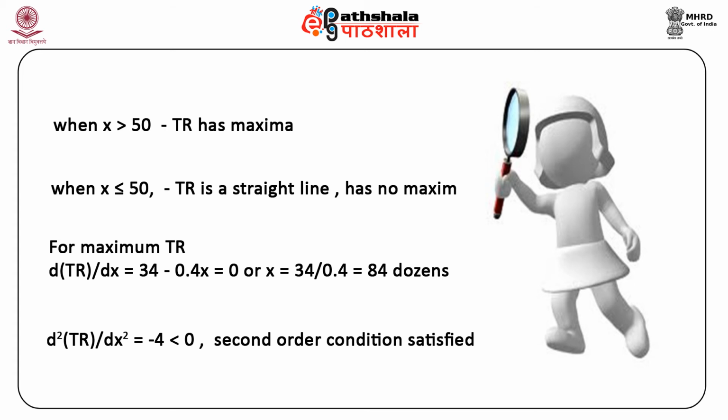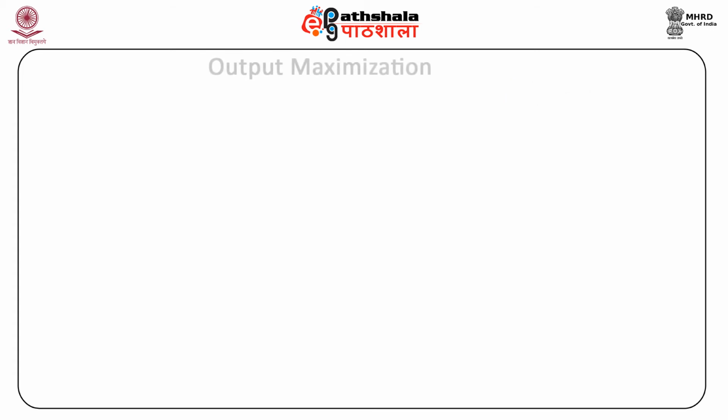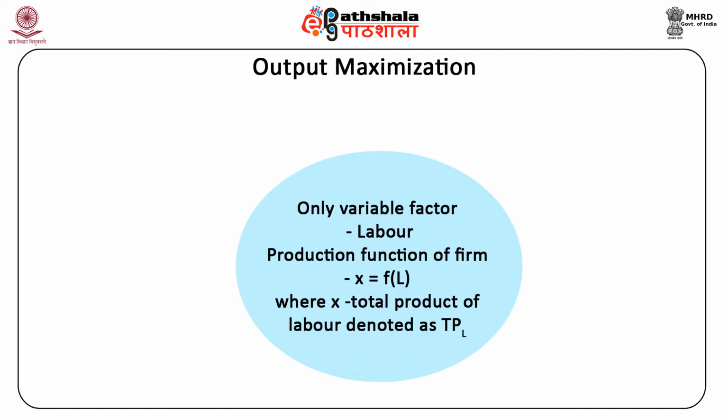Then we begin with the application involving maximization of output. Assuming that labor is the only variable factor, we can write the production function of a firm as x equal to f(L), where x denotes total product of labor, which will be denoted as TP.